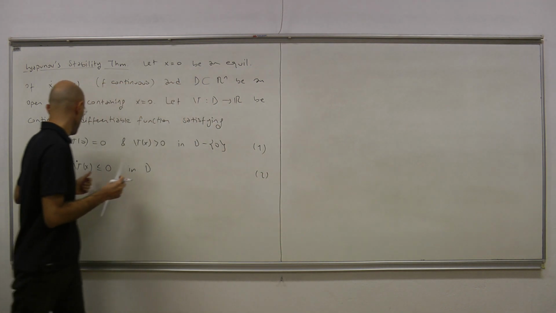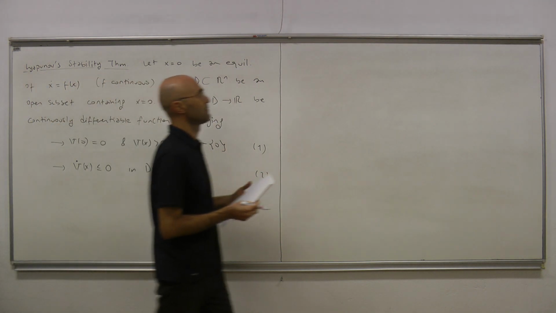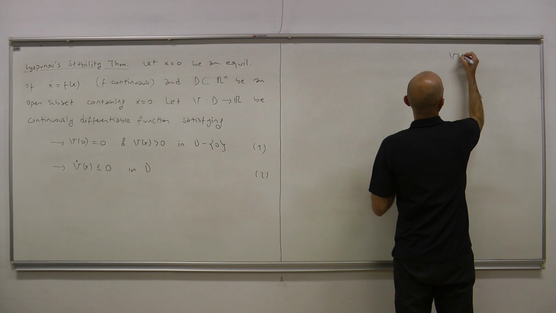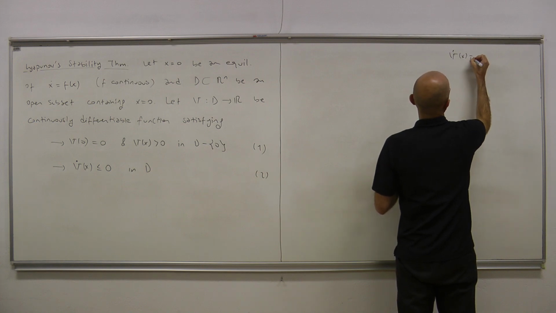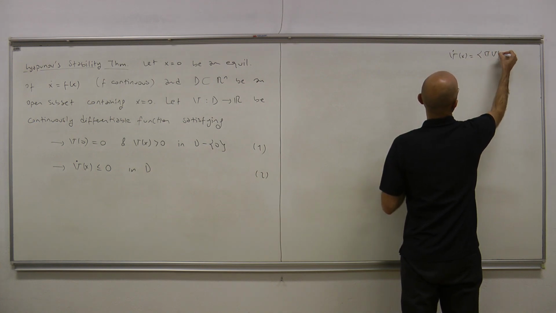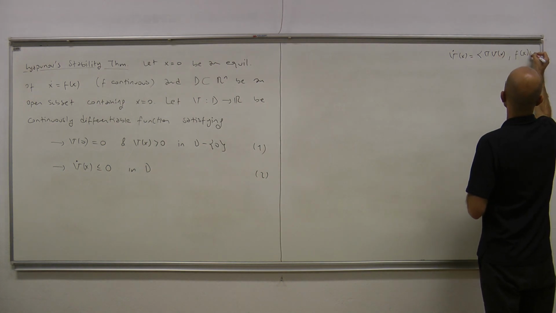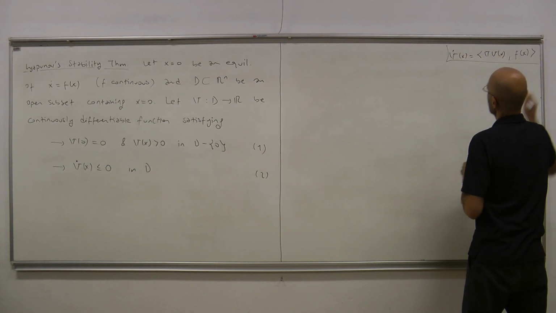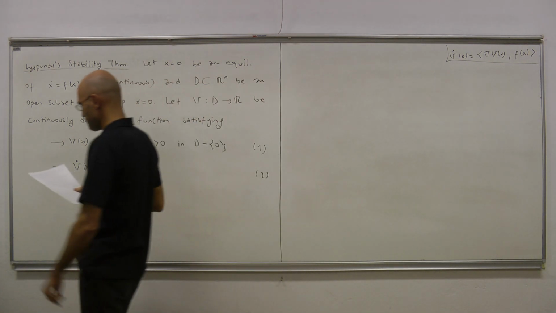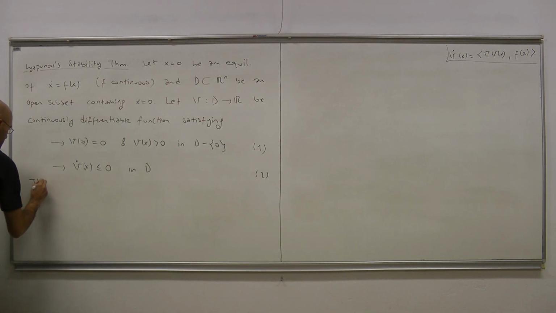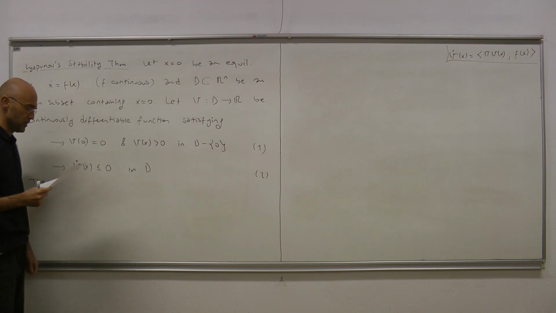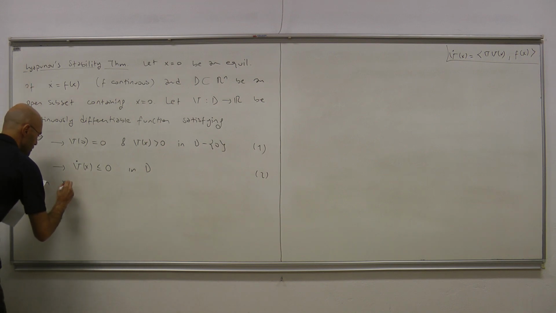And also remember what V dot meant. Okay. So by V dot, we mean this inner product of the gradient of V with the right hand side of the system. Okay. Then, under those two conditions, we have the stability of the origin.